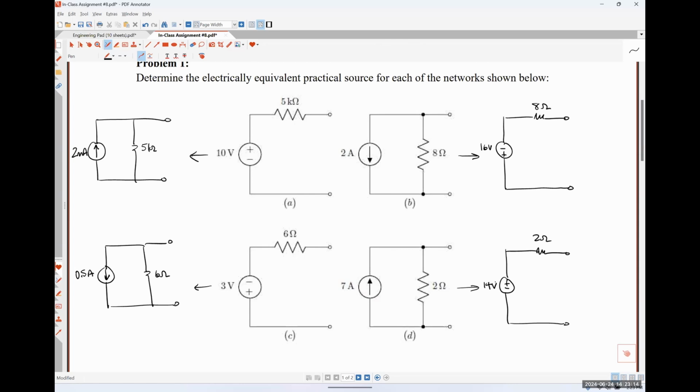So we're going to work the first part of our next in-class assignment problem by using these source transformation techniques to make a circuit that's kind of a little gross and condense it down into something smaller and more manageable.